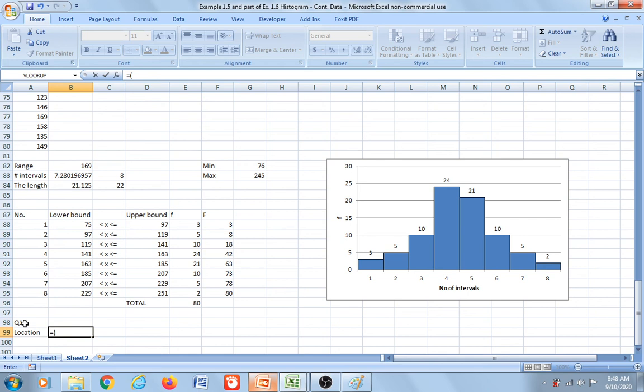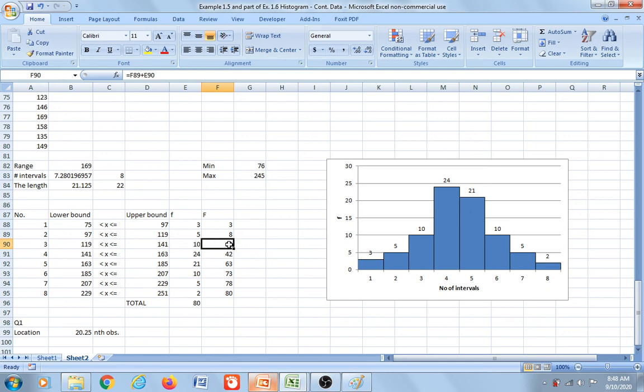So how many data do we have? We have 80, right? 80 plus 1 divided by 4 is the 20.25th observation. Okay, see here from your histogram, up to interval number 3 you have 18 data cumulative.